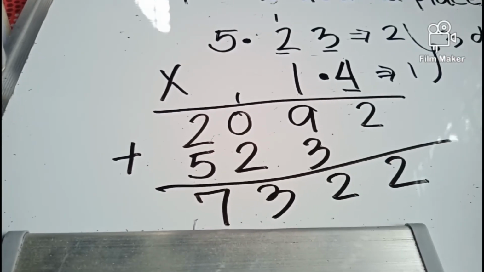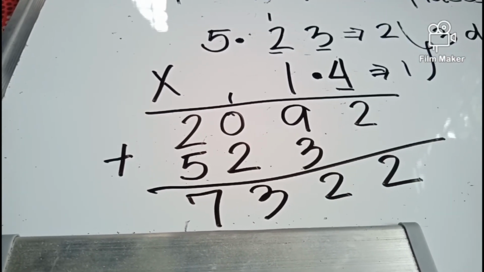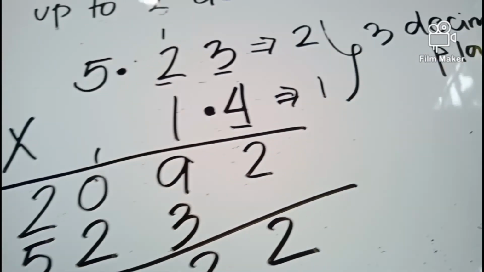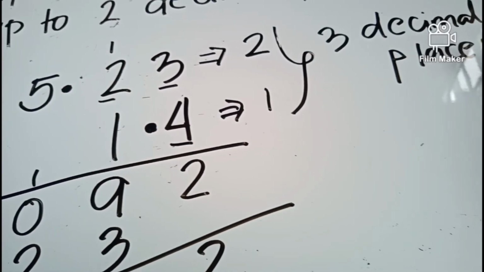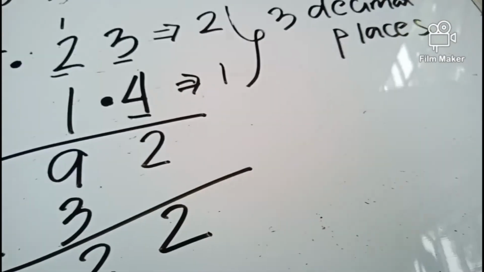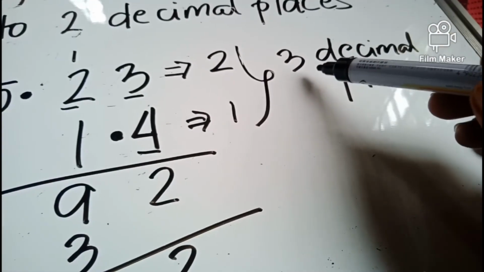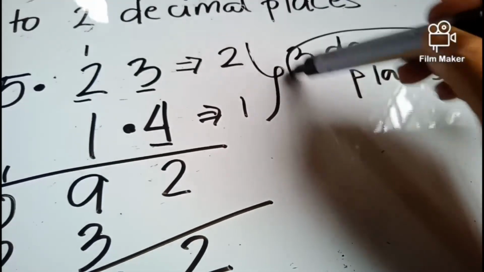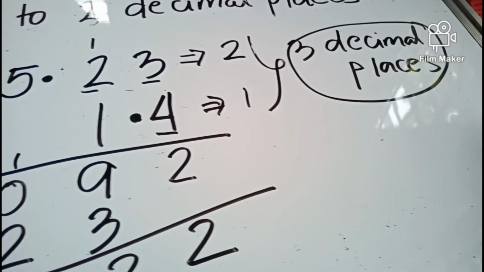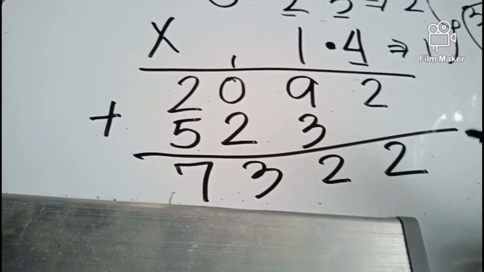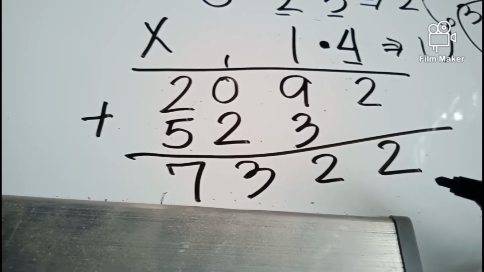So, saan tayo maglalagay ng ating decimal point? So, remember that sa ating factors, meron tayong 3 decimal places. So, dahil may 3 decimal places sa ating factors, mayroon din tayong 3 decimal places sa ating product.